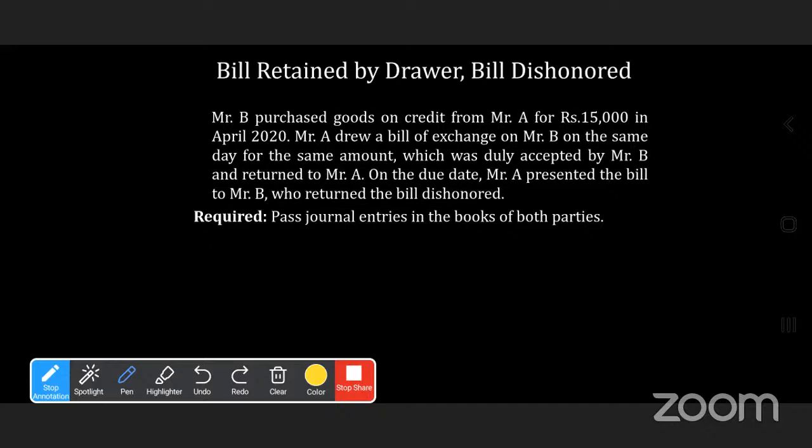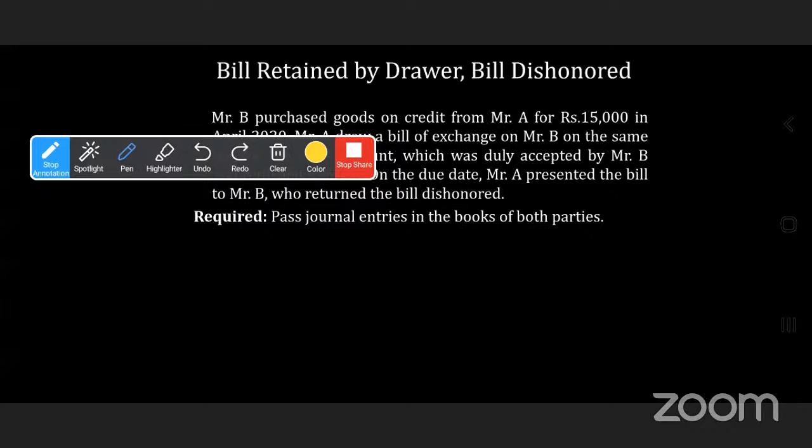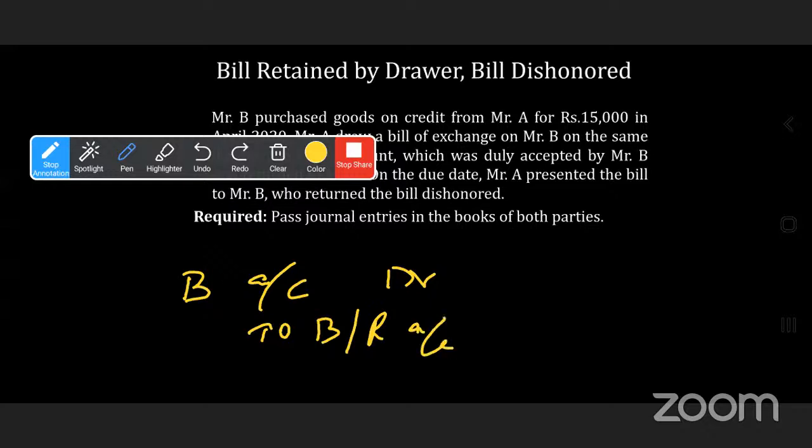B account debtor to bills receivable account. You have to write the narration as being bill dishonored.